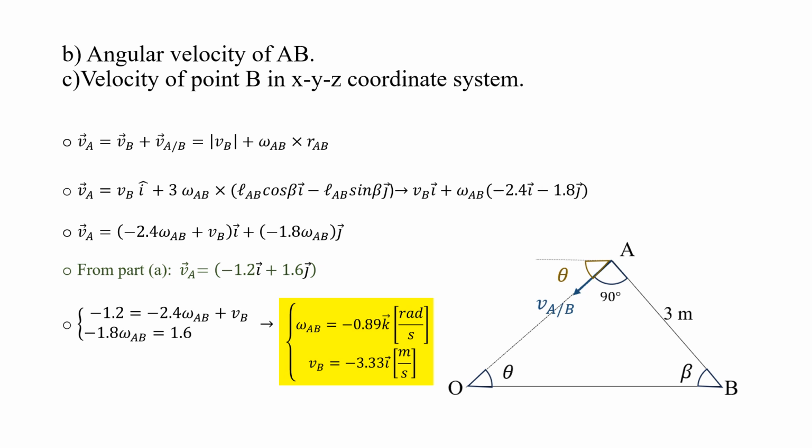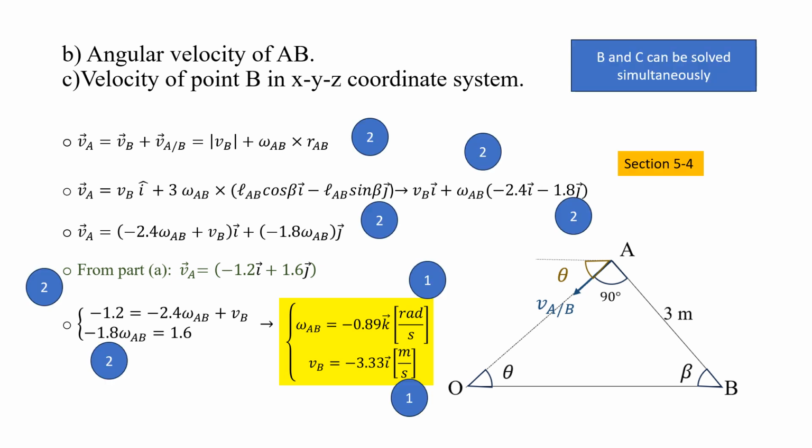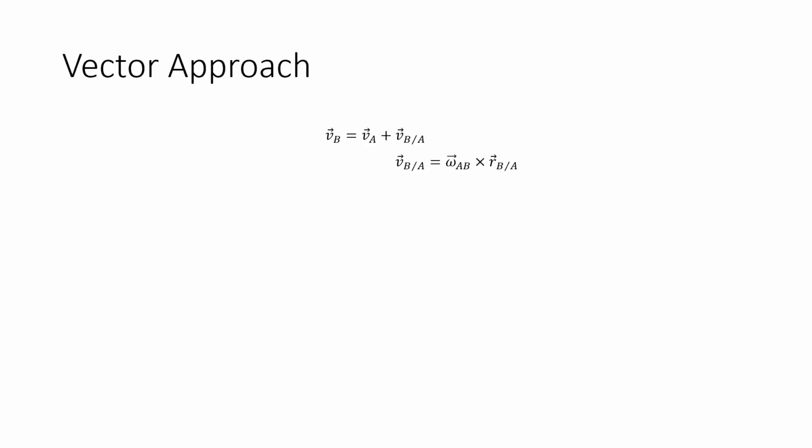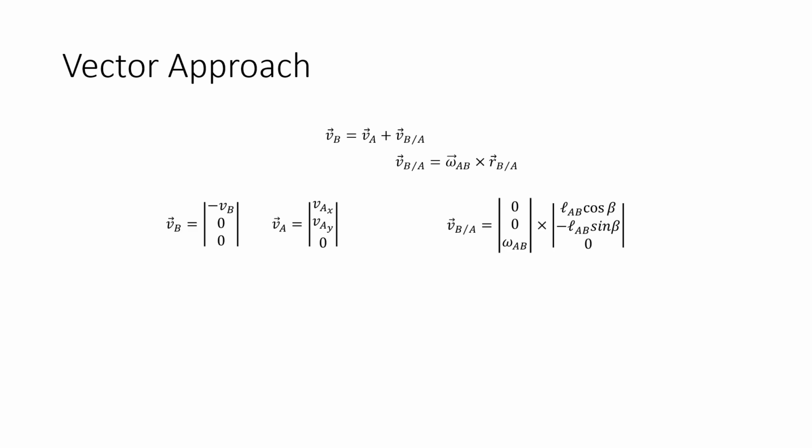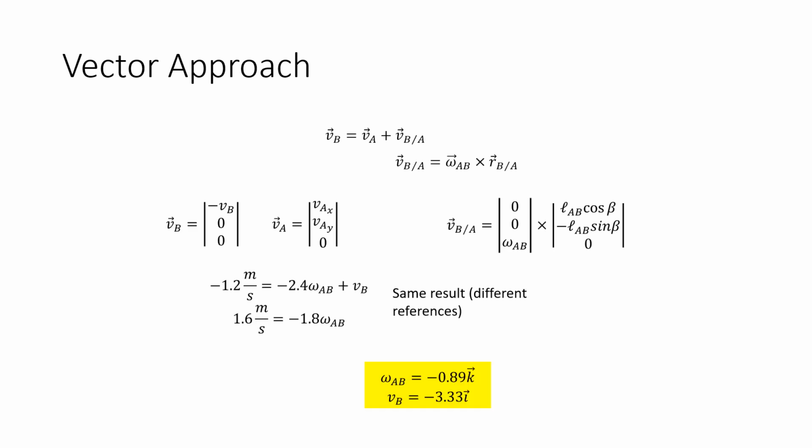But again, as you're doing these things, I really recommend you try it both ways and convince yourself what is the easiest way to solve these kind of complex motions. And this is a very complex motion if you think about it. Section 5.4 from the text, and everything's working. So the vector approach is there, all of the terms, and you get sort of the same result out of it.